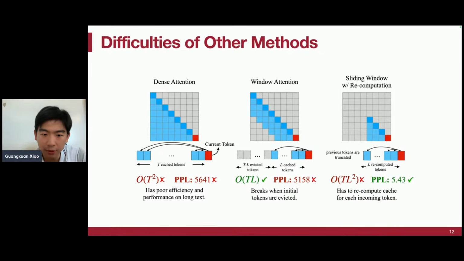That gives us the best quality because it's aligned with the pre-training setting, but it gives us very bad efficiency, because for each step, when we only need to decode one token, we need to compute a quadratic attention matrix, which is very costly. It gives a good perplexity, but a quadratic complexity per step.